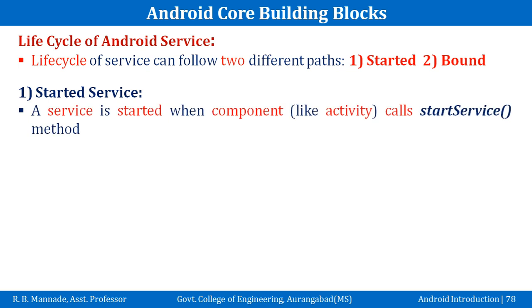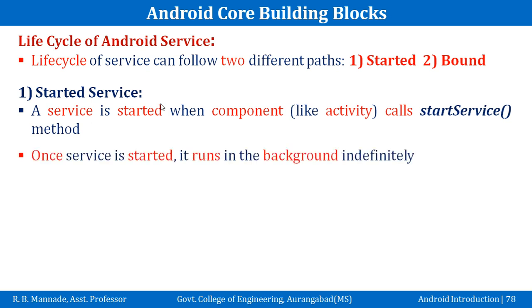A service is started when a component like an activity calls the method called startService. Whenever a particular component or activity calls the startService method, that particular service will be started, and it is called a started service. Once the service is started, it will run in the background indefinitely until it is stopped explicitly.